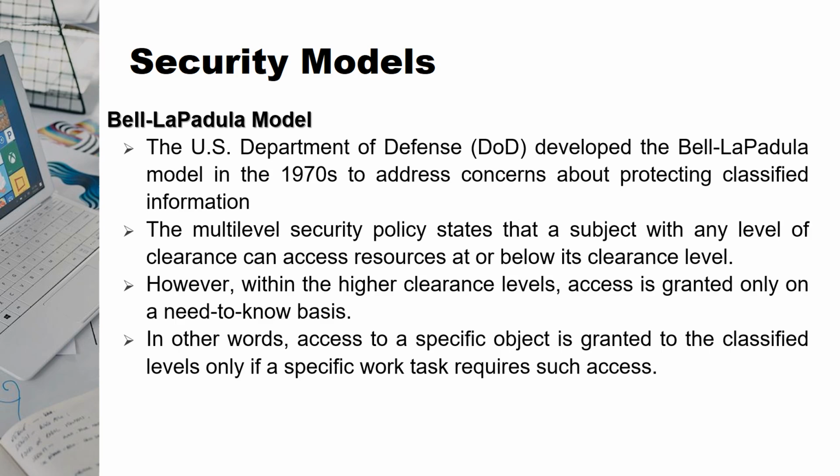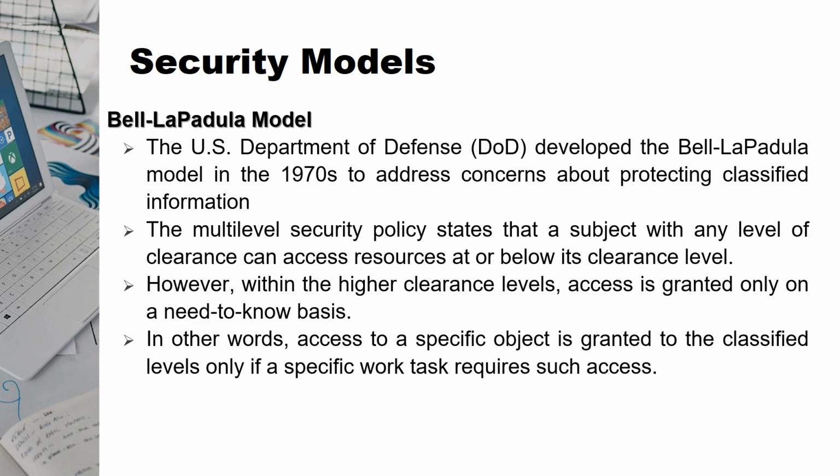This one was developed in the 1970s by the US Department of Defense to address the challenge of protecting classified and sensitive information. This model is based on a multi-level security policy.